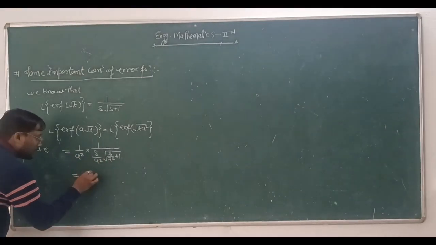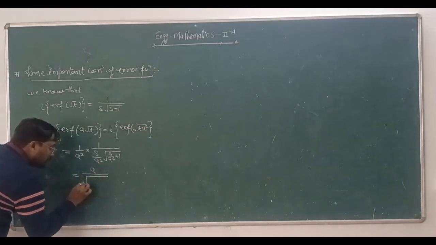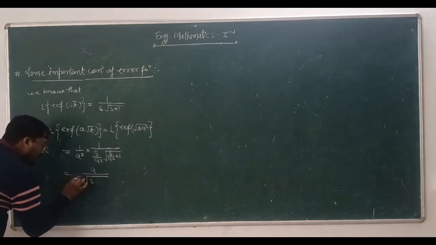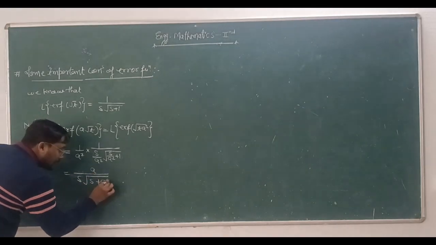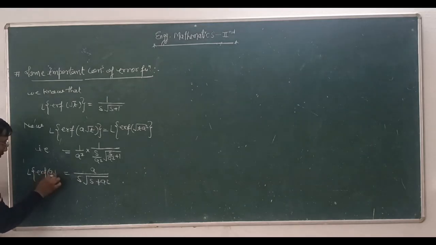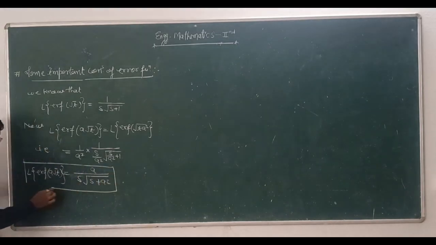Now a upon, sorry, s into under root s plus a square. This is the Laplace of error function of a under root t. This is an important conclusion of error function.